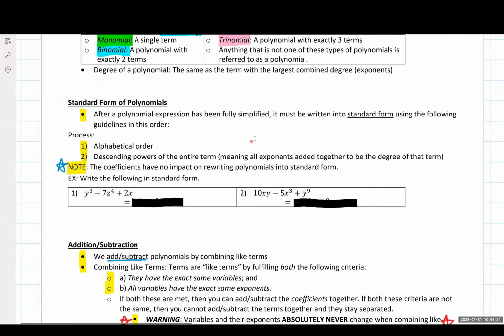We want to make sure that we are writing our final answer in what's referred to as standard form. And we have some guidelines that we're going to be following to make this happen. Now, this isn't a do these in any order. This is the priority that we list these things in, and we absolutely must follow that for our final answers.